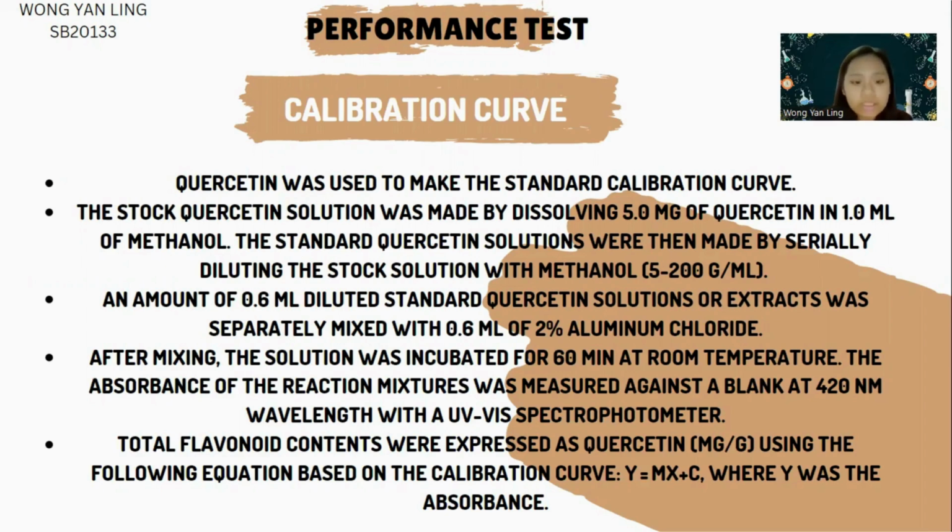After mixing, the solution was incubated for 60 minutes at room temperature. The absorbance of the reaction mixture was measured against a blank at 420 nanometer wavelength with a spectrophotometer. The total flavonoid content was expressed as quercetin using the following equation based on the calibration curve, which is y equals mx plus c, where y was the absorbance.